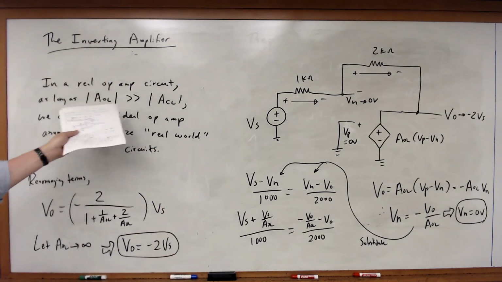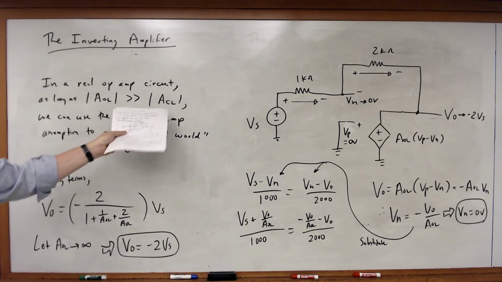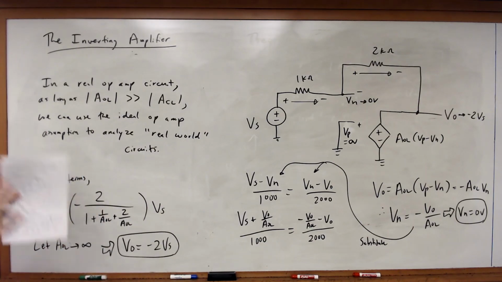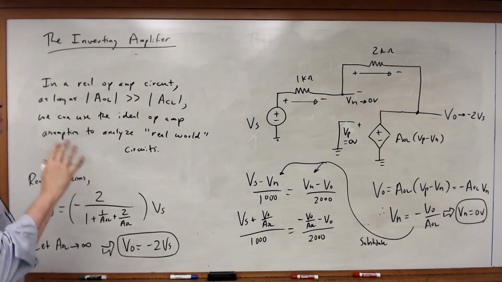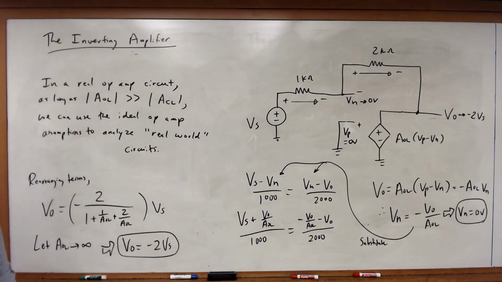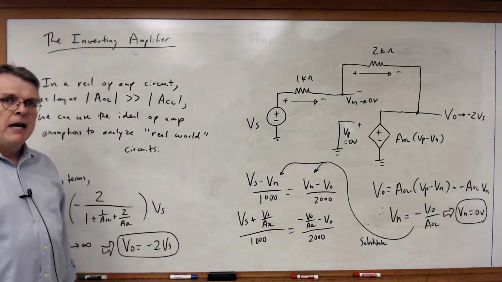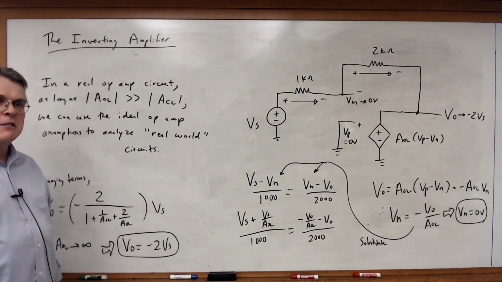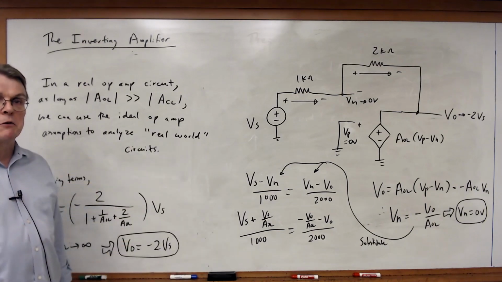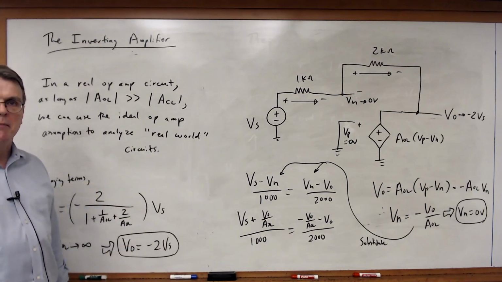So as long as the magnitude of the open loop gain is much, much greater than the magnitude of the closed loop gain, we can use the ideal op amp assumptions to analyze real-world circuits. So we can assume the virtual short circuit, and we can assume don't write a KCL equation at the output node, and assume the input currents are essentially equal to 0 for the op amp.